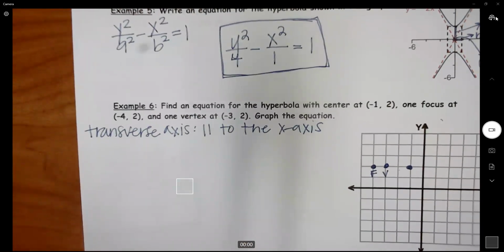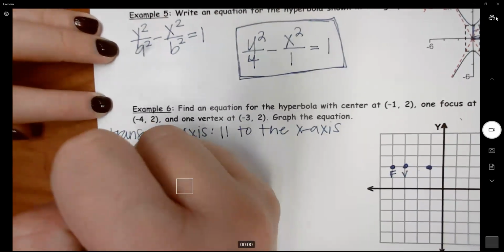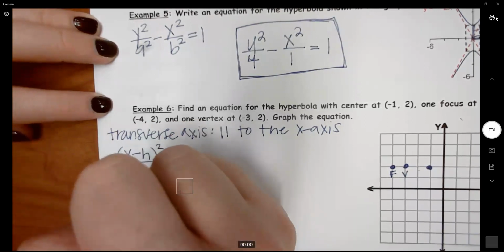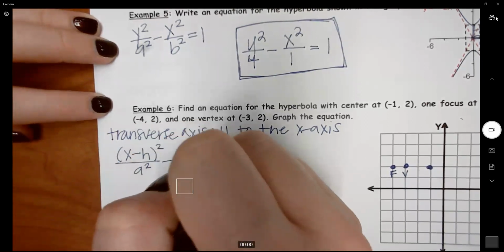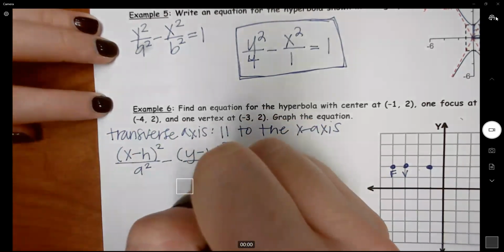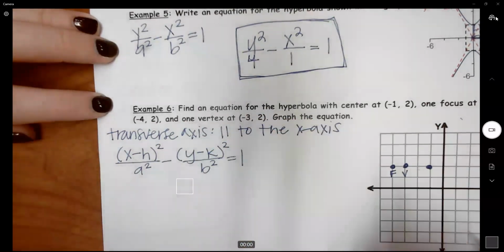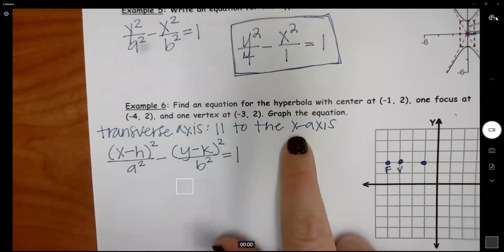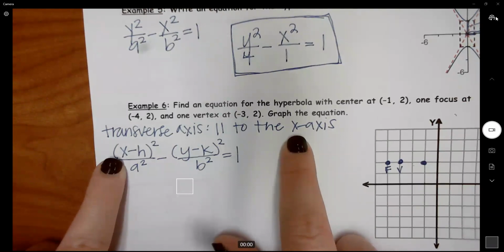So that tells me the equation that I'm going to use. That means I'm using the equation of (x minus h) squared over a squared minus (y minus k) squared over b squared equals 1. Because the transverse axis is along the x, it means my x needs to come first.